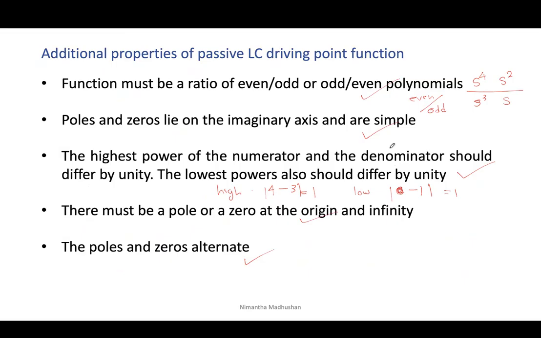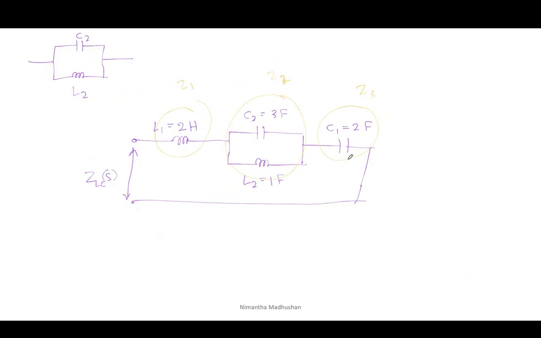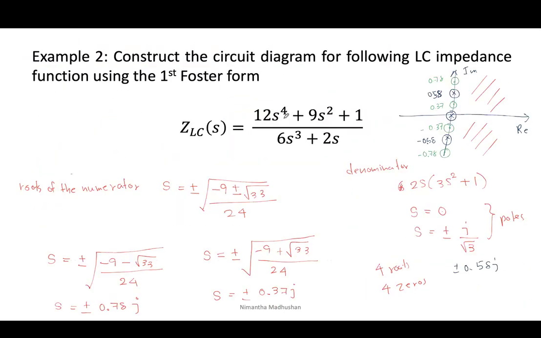If all the conditions are satisfied, we can use the partial fraction expansion to expand the equation and break it into small impedance parts. Then we can find the value of each component, and we can combine all these components Z1, Z2, and Z3. That is the total process. Thank you.